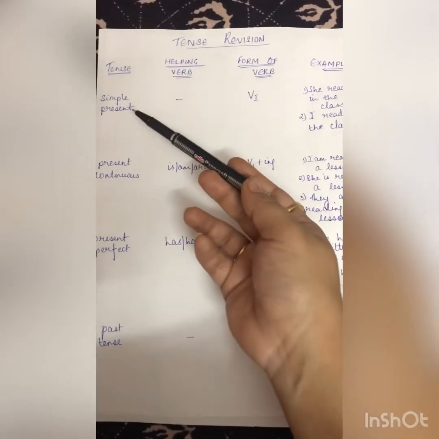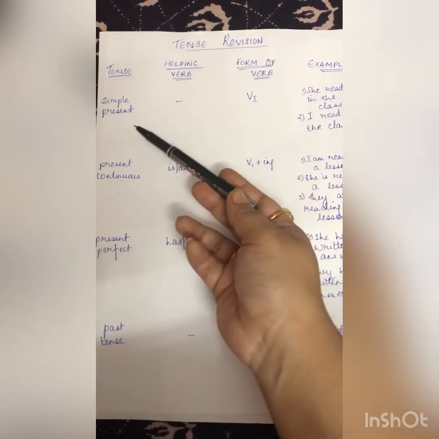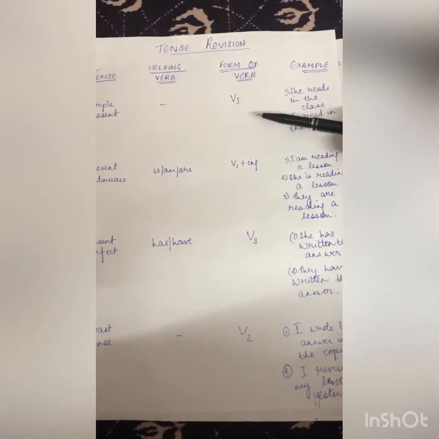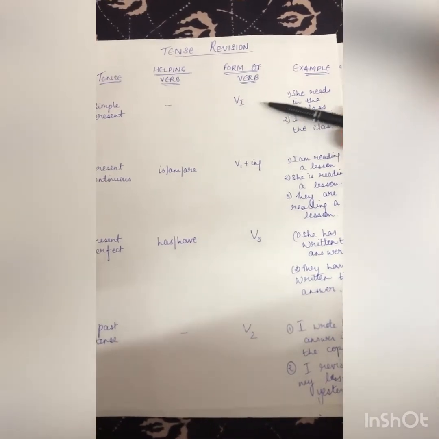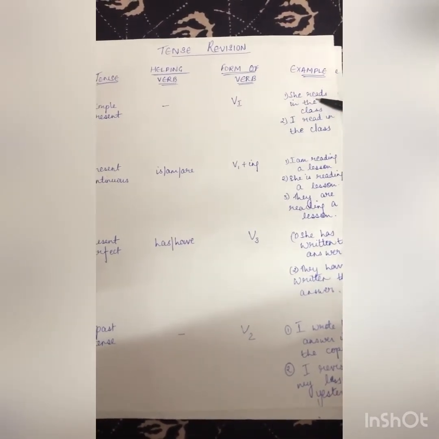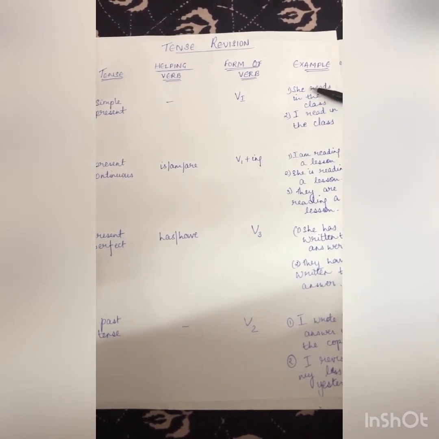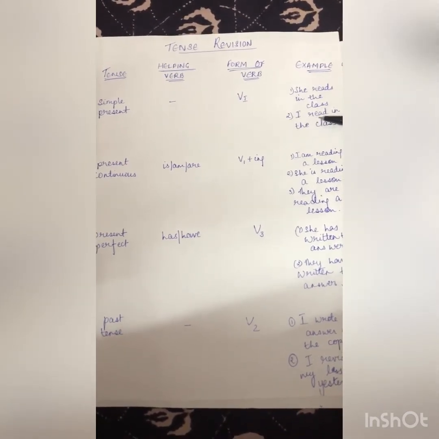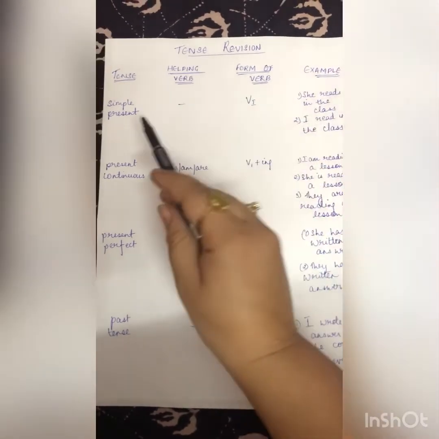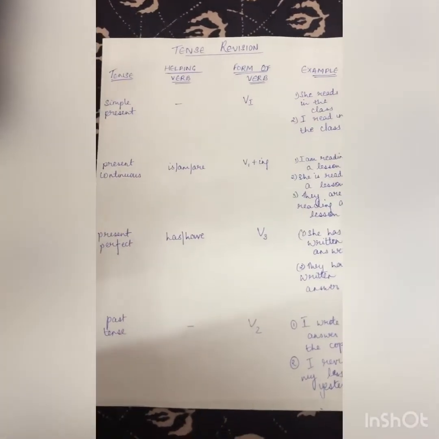There is no helping verb when you form a sentence in simple present tense, and you use the first form of verb. For example, she reads in the class. Now the subject is she, singular, that is why we have used a singular verb here. She reads in the class, or I read in the class. So the simple first form of verb is used when you form a sentence in simple present tense.